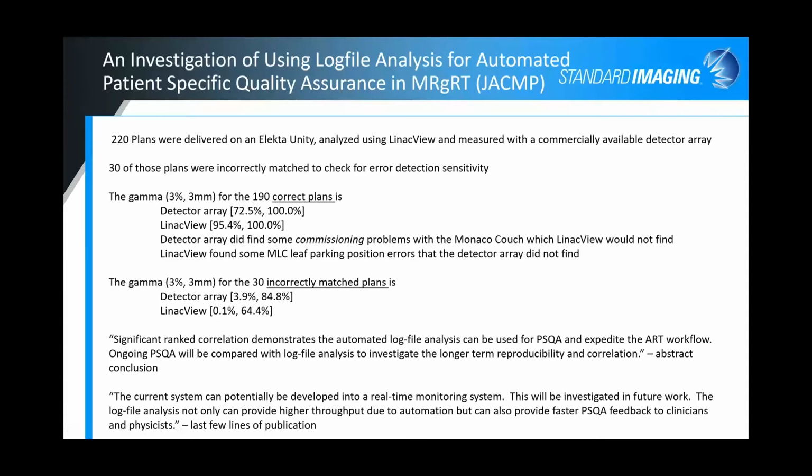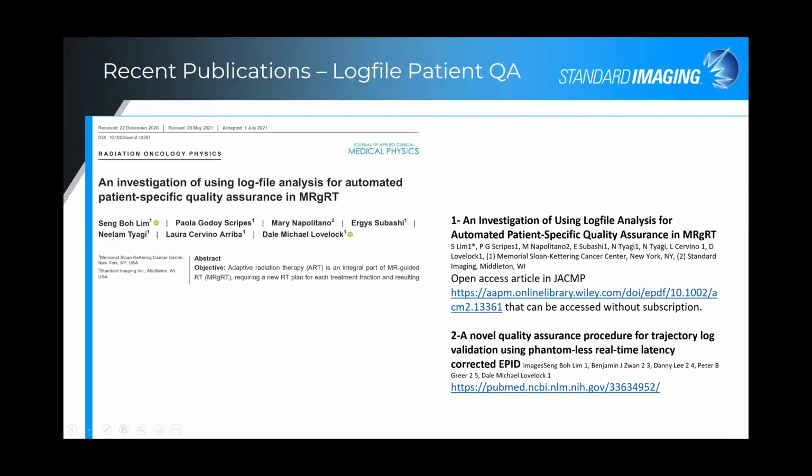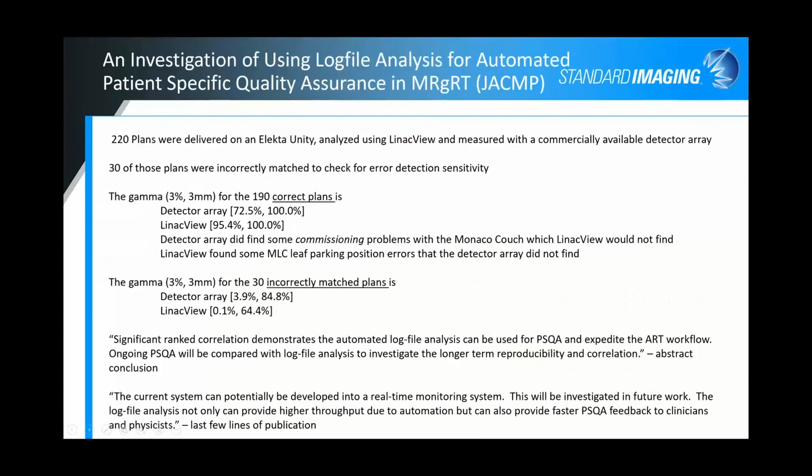So the initial paper that I was referring to is published in JACMP. And I wanted to describe for you a little bit about this study. There were 220 plans delivered on an Elekta Unity. These plans were analyzed using Linac View and measured with a commercially available detector array. 30 of those plans were incorrectly matched to check for error detection sensitivity.